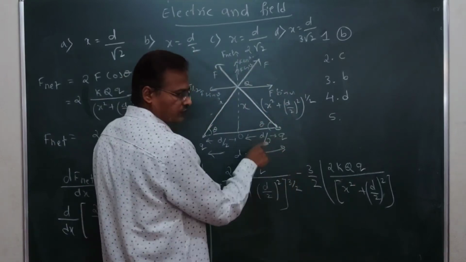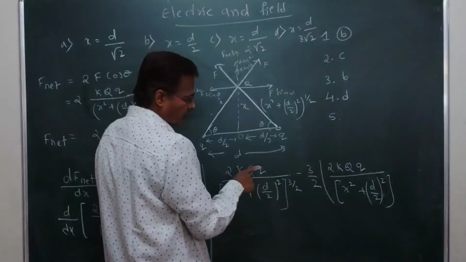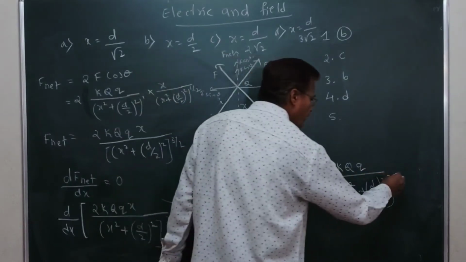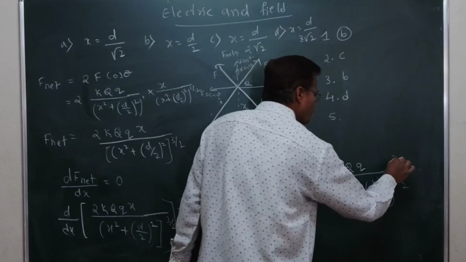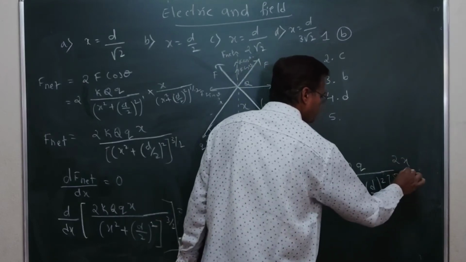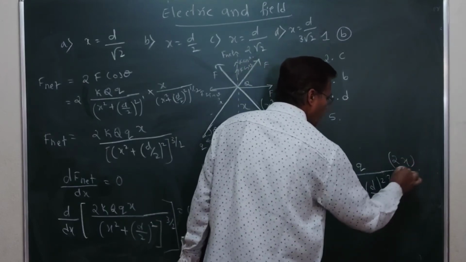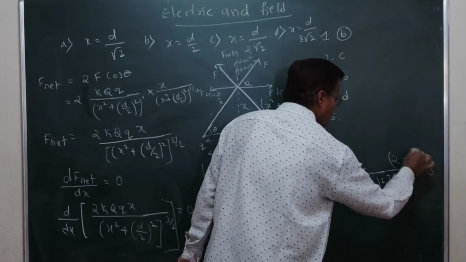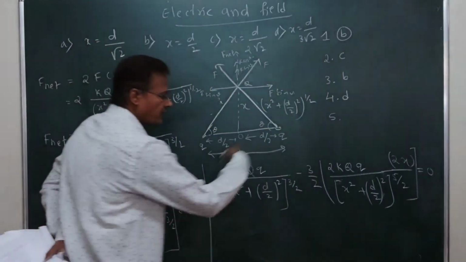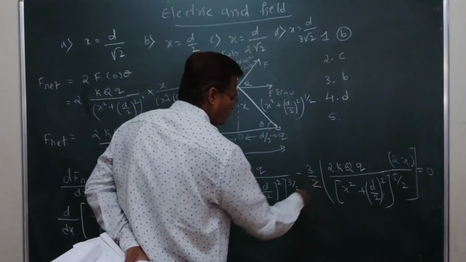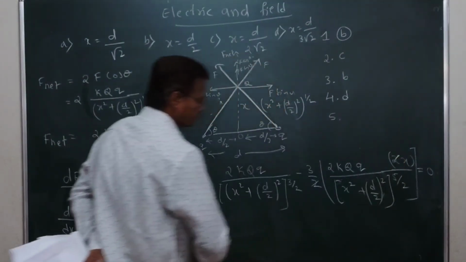Again, reducing the power by 1, we get 5 by 2. Differentiation of this one is 2x. We write this equal to 0. If I shift that to the other side, this 2 gets cancelled.